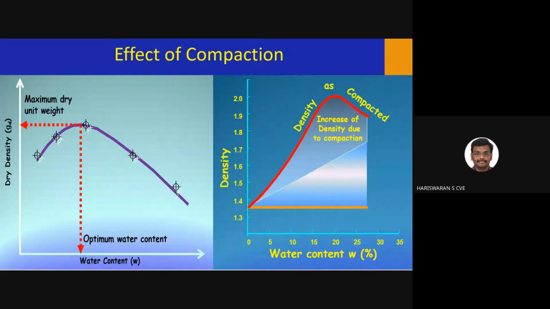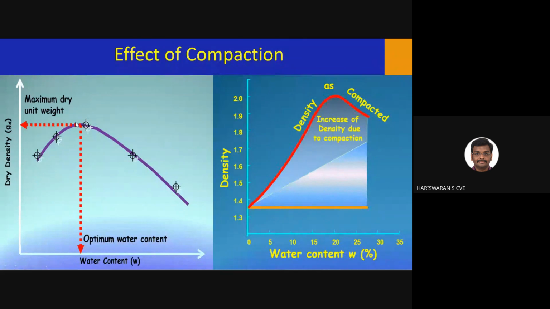When there is more lubrication, we can achieve more compactness. But after a certain limit, if you keep increasing the water, it replaces the soil. Water starts to occupy more, so automatically the weight of the soil for a known volume is going to get reduced, and automatically the dry density is going to get reduced.